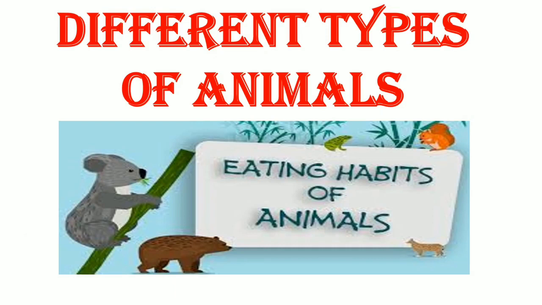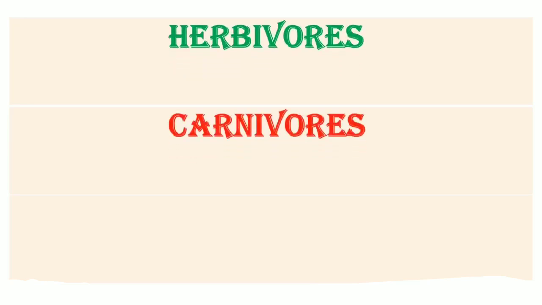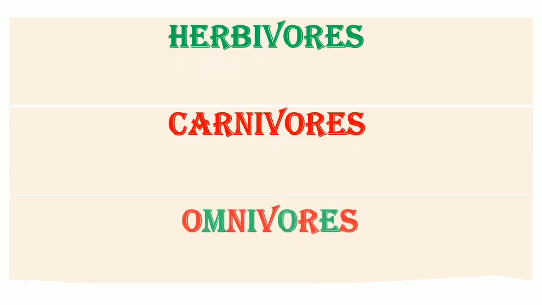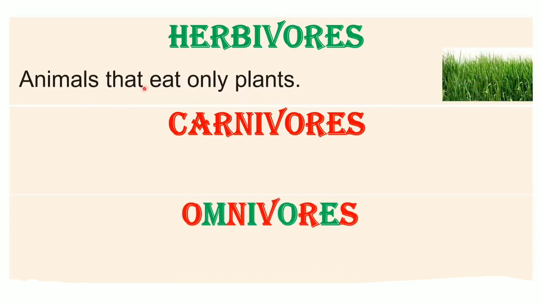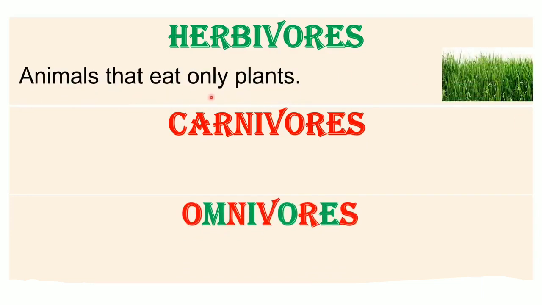So, on the basis of that, different types of animals are there. And they also have different types of feeding habits or food habits. Let us learn about the different kinds of food habits shown by different types of animals.